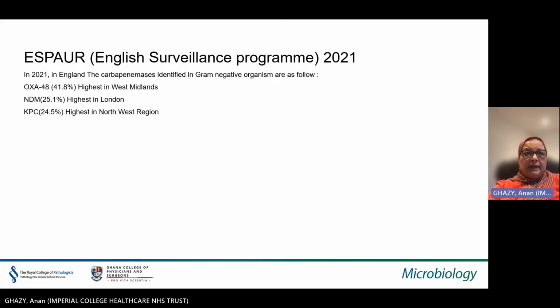In 2021 in England, the carbapenemases identified in gram-negative organisms are as follows, where OXA-48 represents 41.8%, and the highest is in West Midlands. NDM is 25.1%, highest in London, and KPC 24.5%, highest in the Northwest region.